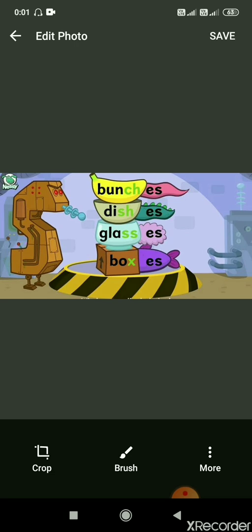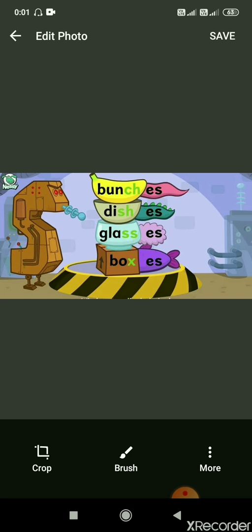And the next word is glass. Again we see that it ends with a letter s, so we will add es to make it plural, and we get the word as glasses.